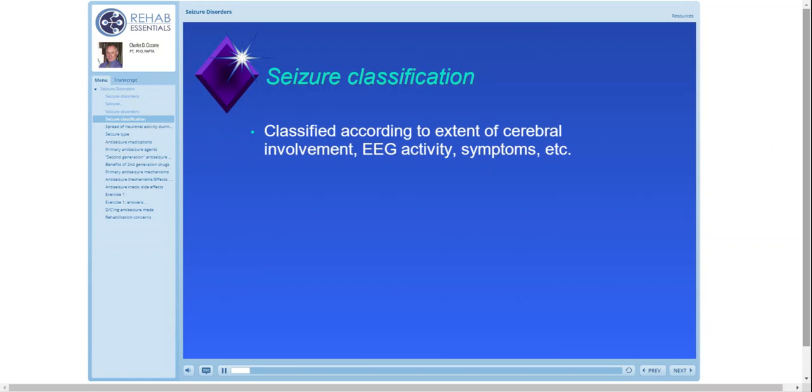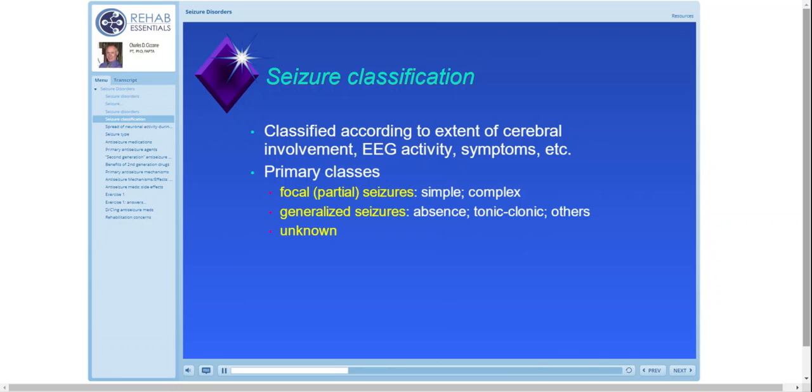And we do classify seizures according to various factors like the extent of the brain that's involved, or cerebral involvement, the EEG activity that occurs during the seizure, the symptoms that we can observe in a patient, and so forth. Of these classes, we have two primary subdivisions. First are called focal or partial seizures, with subclassifications such as simple focal seizures and complex focal seizures, depending on the patient's symptoms.